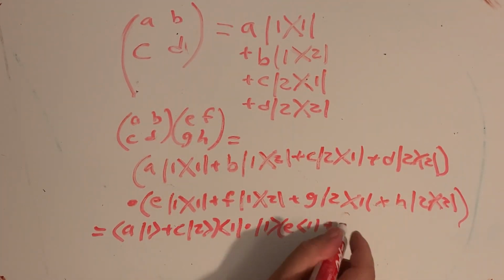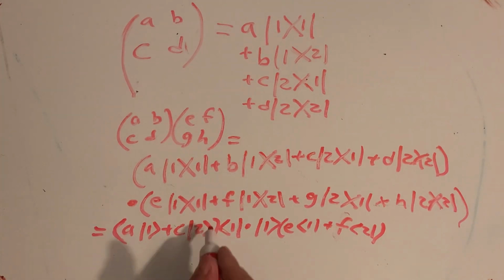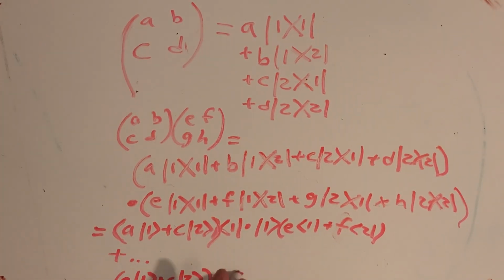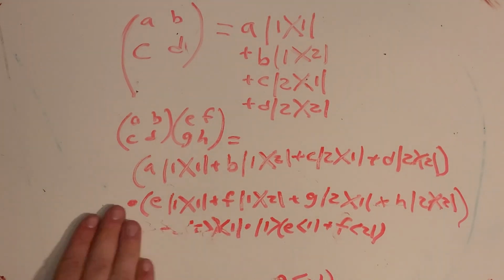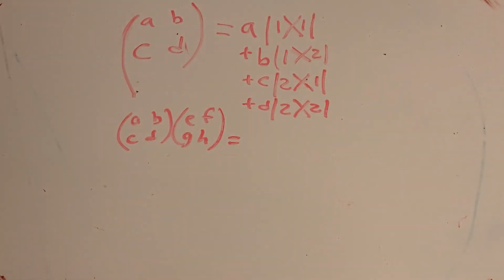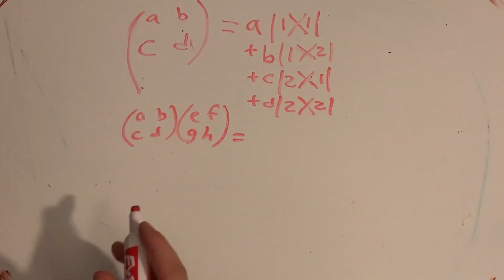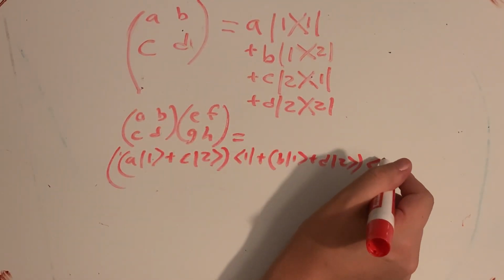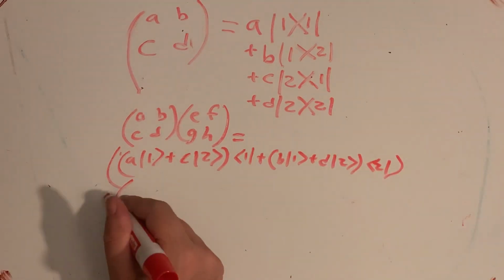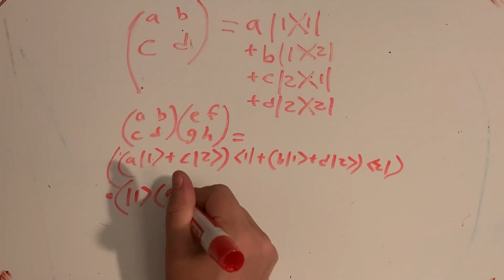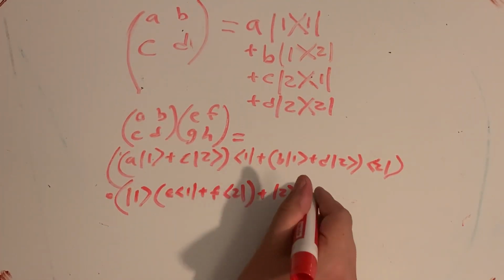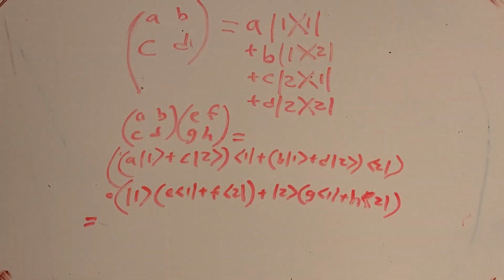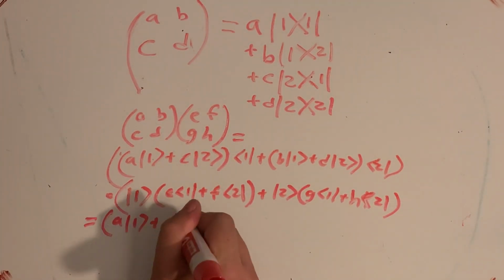However, with a general matrix like these A, B, C, D, and E, F, G, H, 2 by 2 matrices, I'm going to show that you can derive the formula for matrix multiplication using just normal algebra that you're used to, along with these rules about multiplying kets and bras and working with the basis vectors.